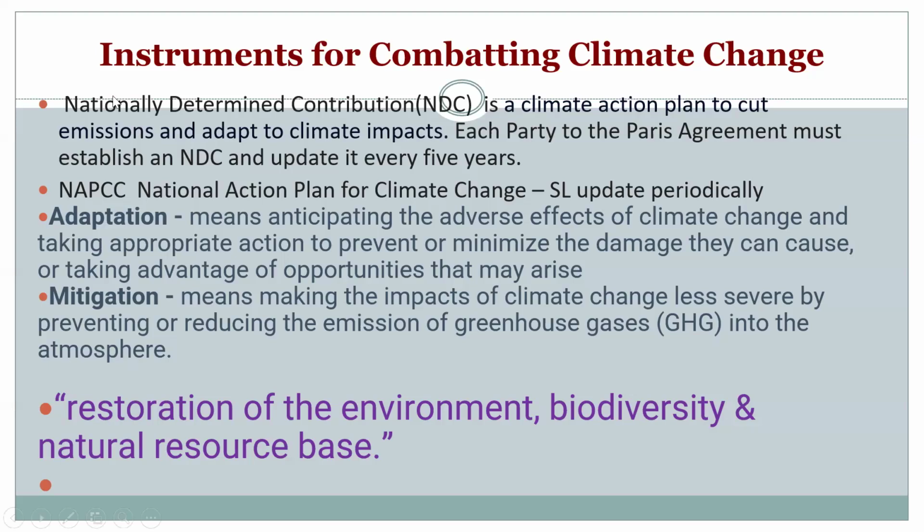What are the key terms that we encounter when you learn climate change? One is adaptation, which means anticipating the adverse effects of climate change. You expect the adverse effects.